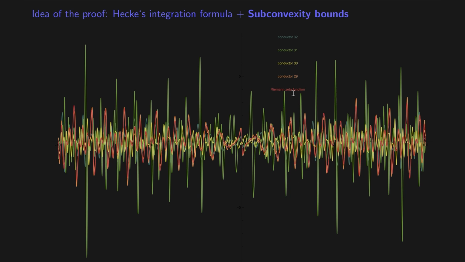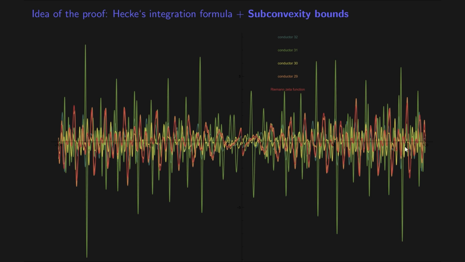Here in red is the Riemann zeta function, and in other colors are other L functions of various conductors. I've chosen the conductors and the corresponding L functions randomly, to show you that we have this complicated oscillatory behavior.